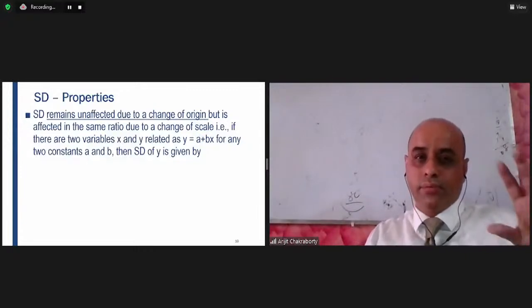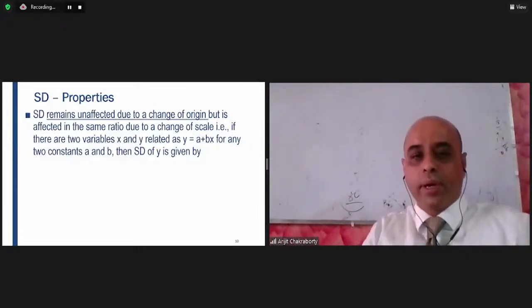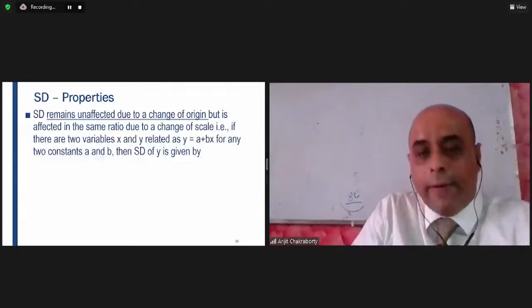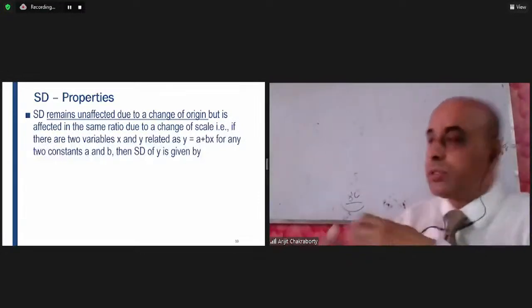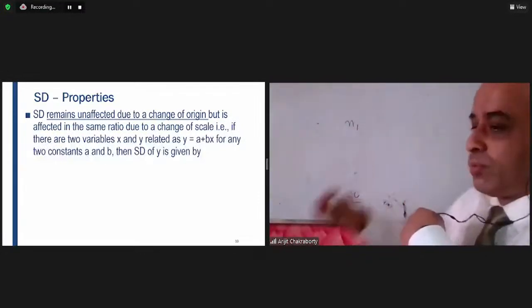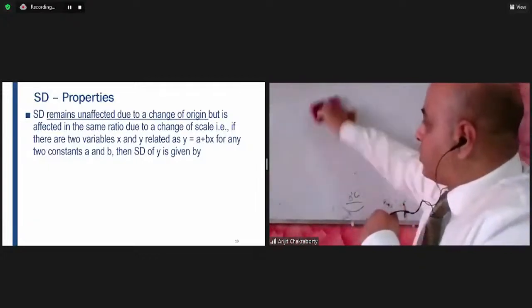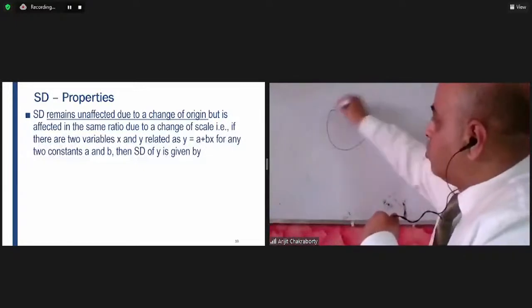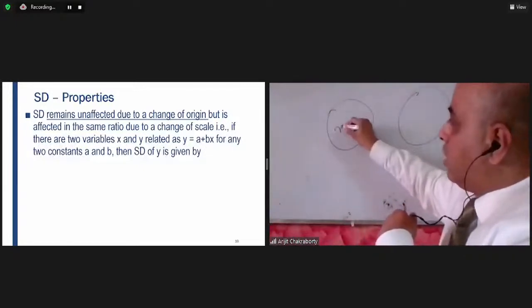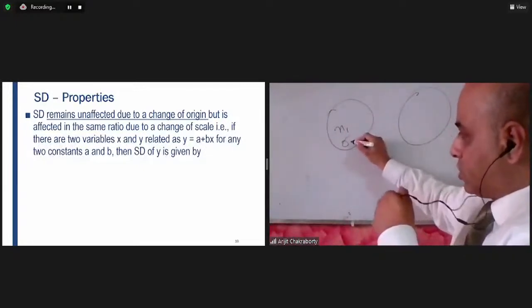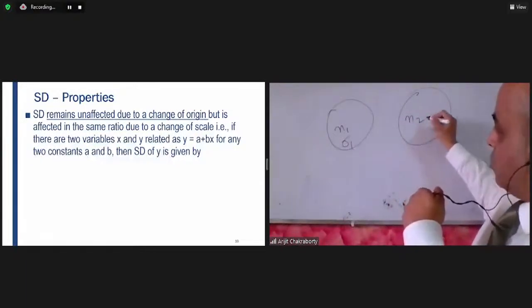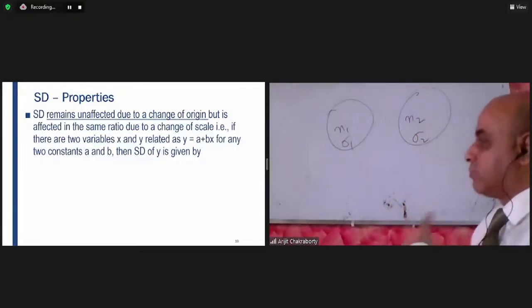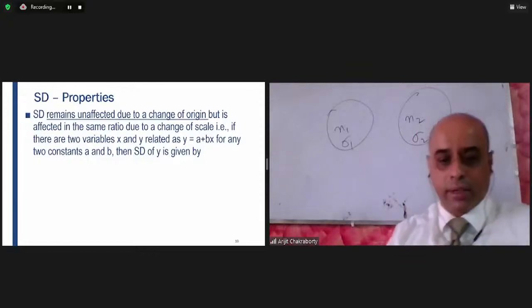What happens if the first group has standard deviation sigma 1 and the second group has standard deviation sigma 2? So how to combine? We will do that.